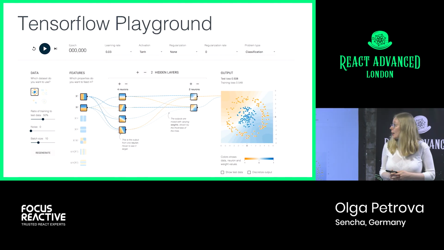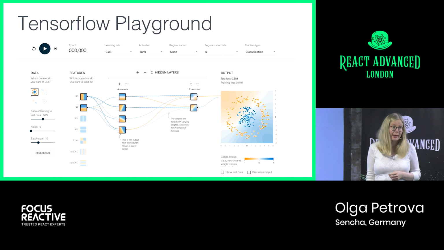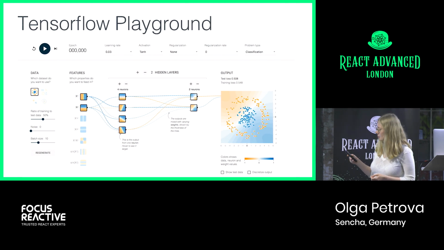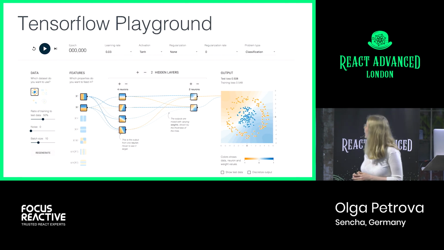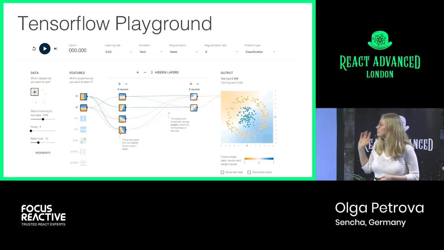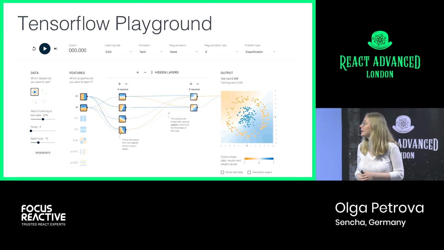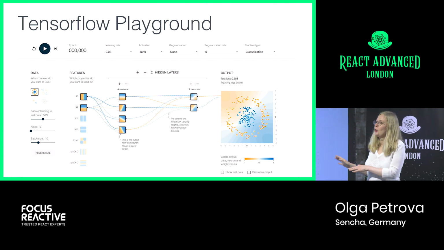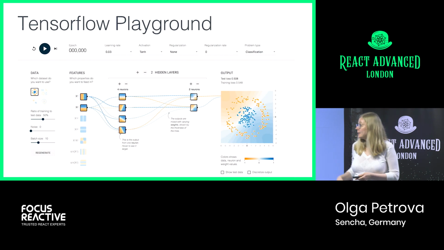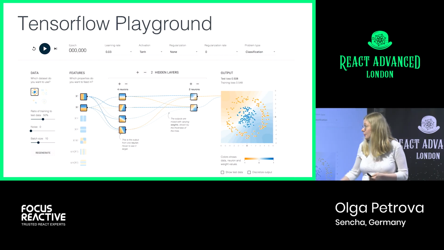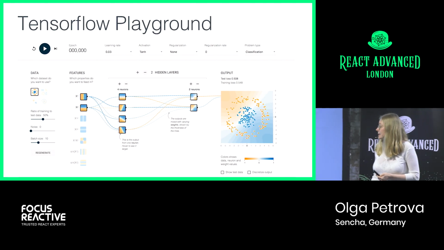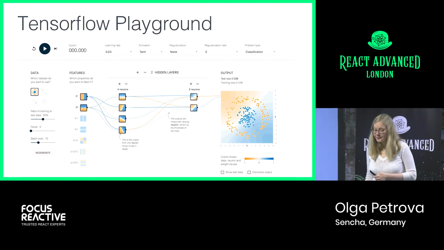This learning tool allows you to define a model directly in a browser and specify just some parameters like learning rate, activation function, and other machine learning related parameters, and define your model directly in a browser, define the count of layers, neurons per layer, and see how your model will be trained.